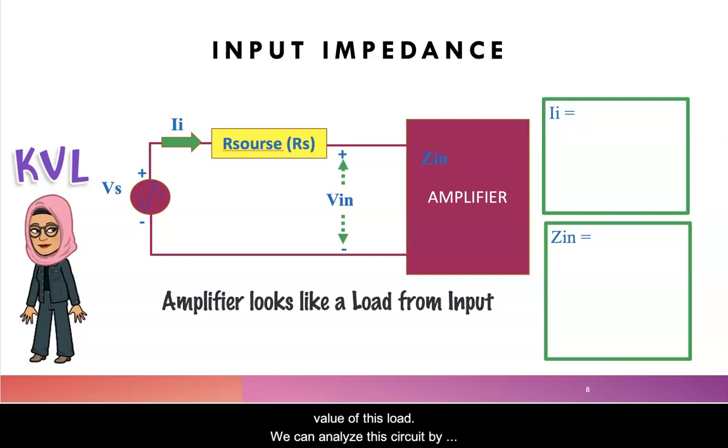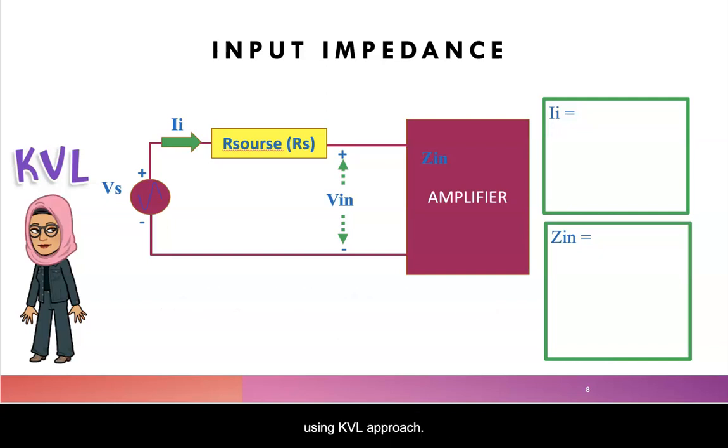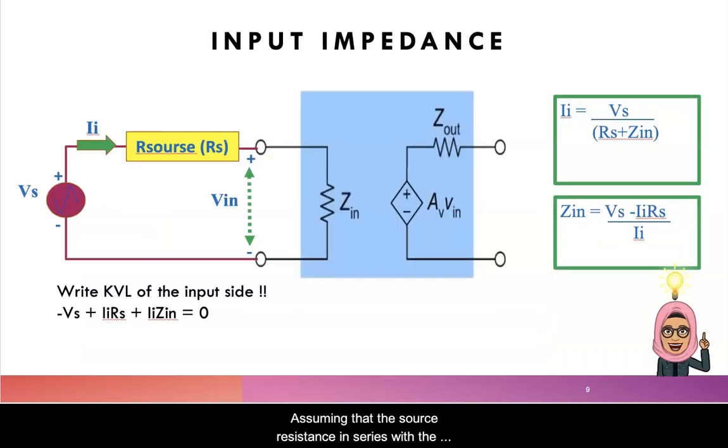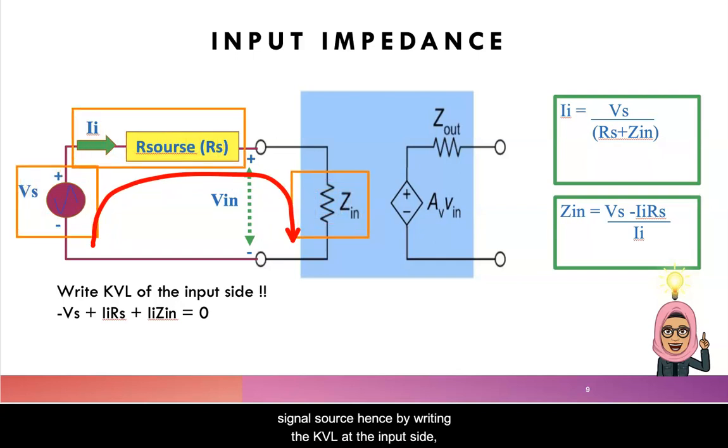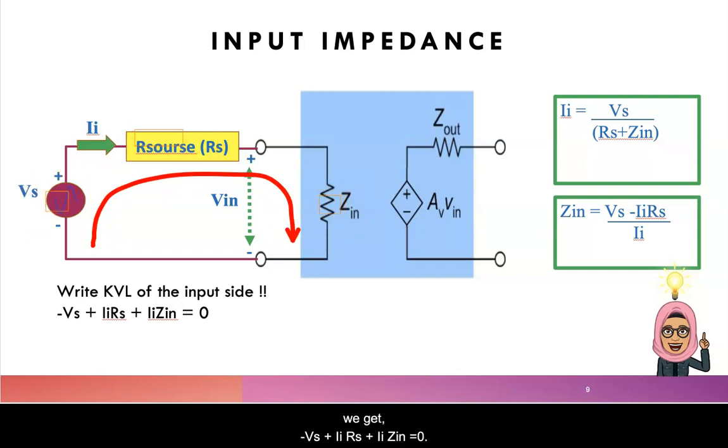You can analyze this circuitry by using the KVL approach. Assuming that the source resistance is in series with the signal source, by writing the KVL at the input side, we get minus Vs plus I_in Rs plus I_in Z-in equal to 0, and from there we can derive input current and input impedance.